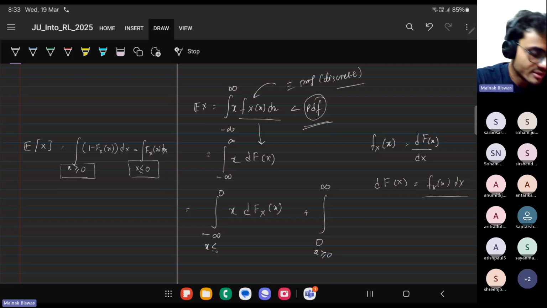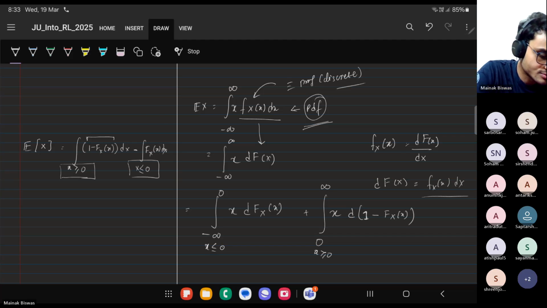For 0 to infinity, there is this 1 minus F of x here. So what should I replace dF(x) with? Do you mind if I write this as this? My idea is dF(x) is the same as the negative of d of 1 minus F(x), right?